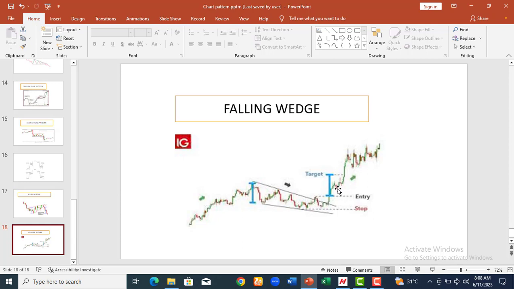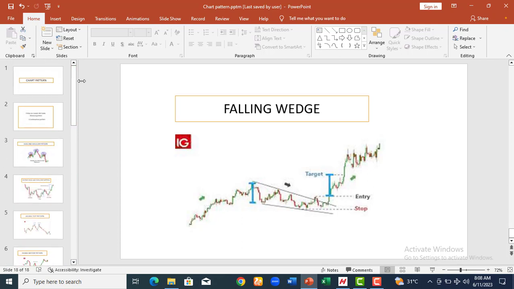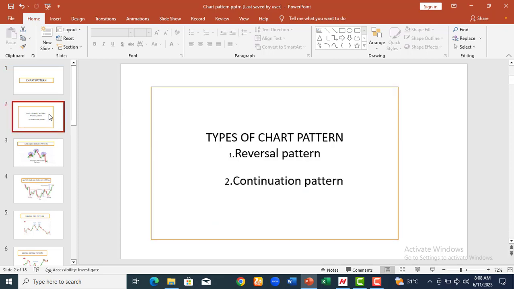As a way to recap, I started by introducing us to chart patterns, and I introduced two types: the reversal patterns and the continuation patterns. Reversal patterns, whenever they are spotted in the forex market, tell us that a market that has been buying will soon reverse and start selling, and a market that has been selling will soon reverse and start buying.